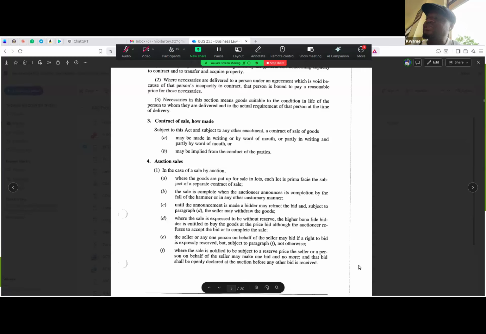It's not added to the phone. Once you contract to buy the phone, the charger is implied. It's implied that you buy the charger as well. Unless it is objected to, then the charger must also be given to you for you to pay for it. There are so many examples like that whereby you buy one, the other must also be given to you.